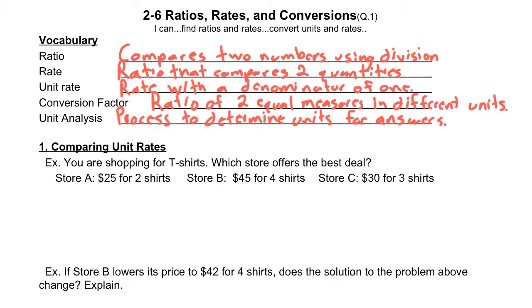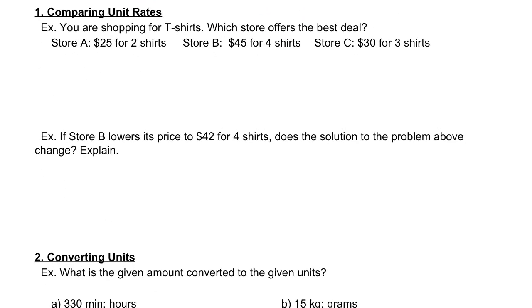Okay, so to get into this, we're going to talk about comparing unit rates. This is an extremely important thing, especially if you've ever bought anything. Say you're comparing 3 different stores and their prices for t-shirts. If I want to find a unit rate, I'm going to compare the price for one t-shirt to figure out what the best deal is.